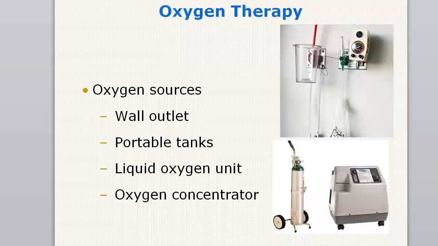The device or unit on the lower right-hand side of the picture is a liquid oxygen unit or oxygen concentrator, where it pulls the air from the atmosphere, and this is how we also can provide oxygen to our patients. We see this a lot with our patients when they go home on oxygen, and my mother-in-law had that particular type of unit with her COPD and her pulmonary fibrosis as well. So those are different sources of oxygen that we can provide our patients, okay?